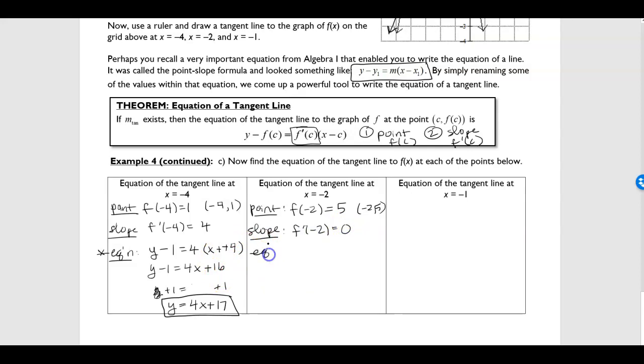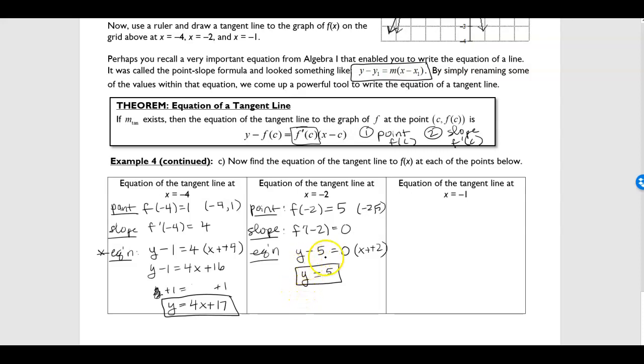So my equation is going to be y minus my y value, 5, equals my slope, 0, times x minus my x value, negative 2. So the right side cancels out completely to be 0, and so then I can just add 5 to the other side, and I get y equals 5. That makes sense. When I have horizontal lines there, the equation is just y equals something, and I can see that my tangent line up above is crossing at y equals 5.